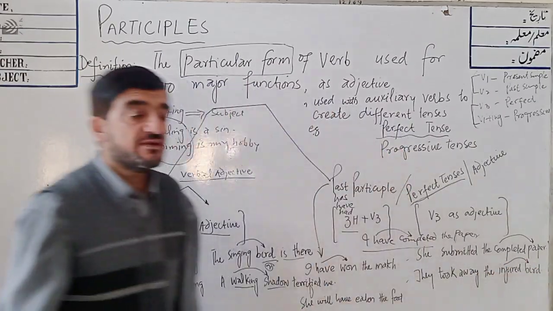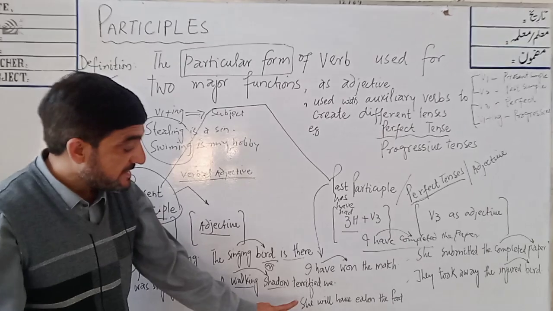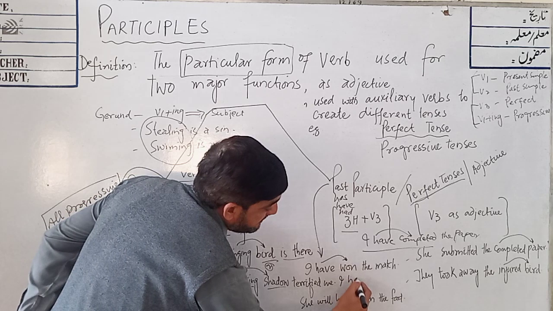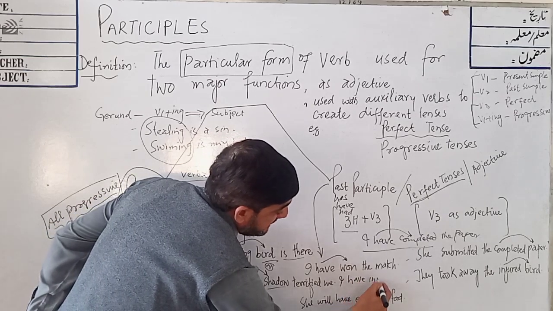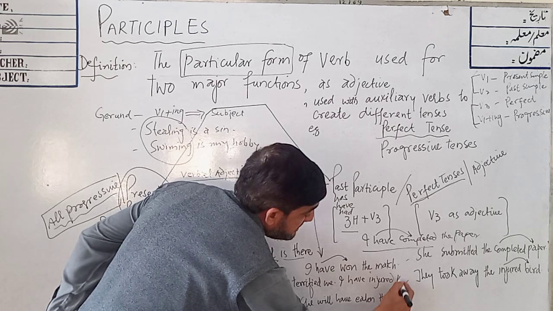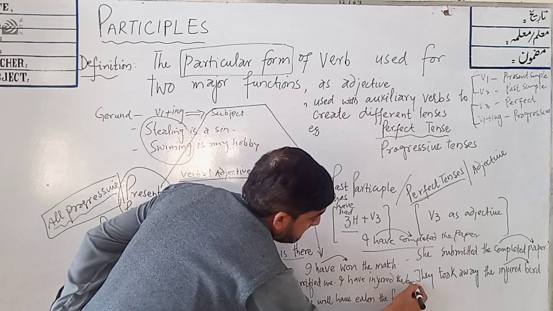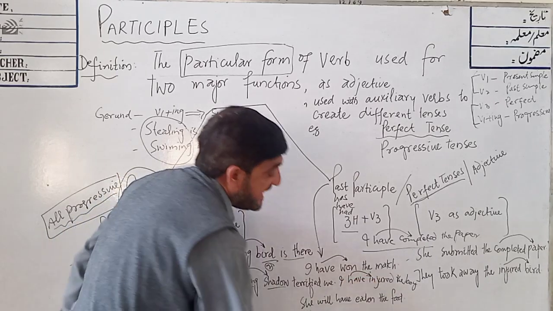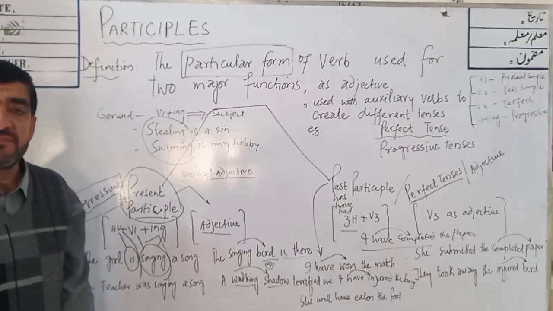The injured, and here I have injured the boy. So here you can see that after have I have used the third form of the verb.